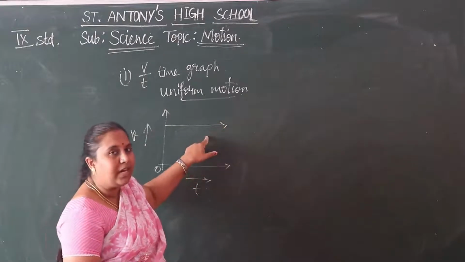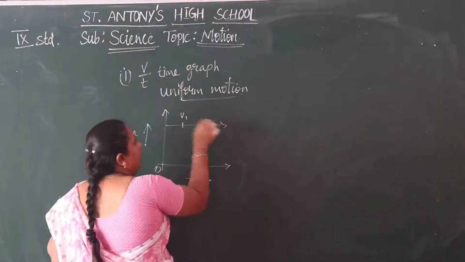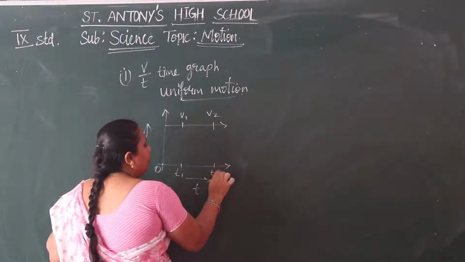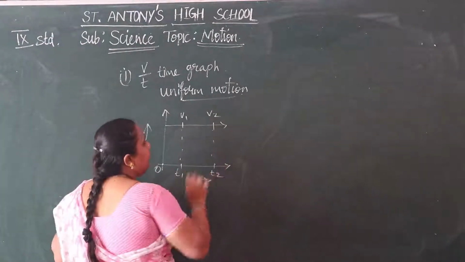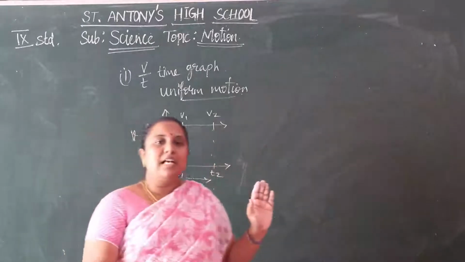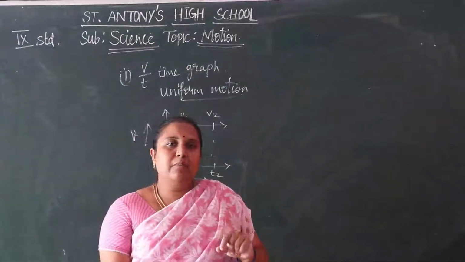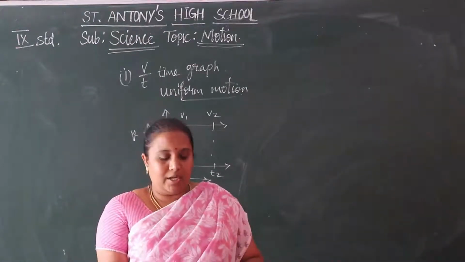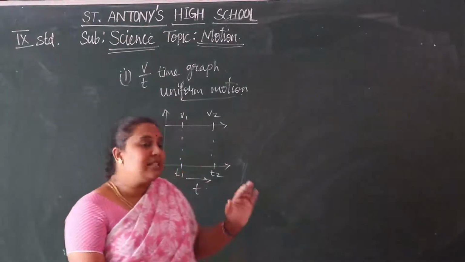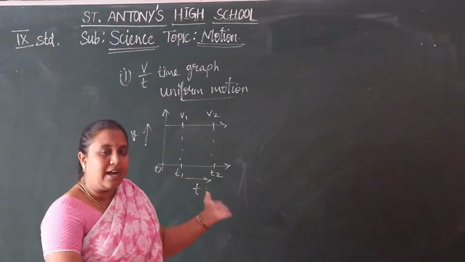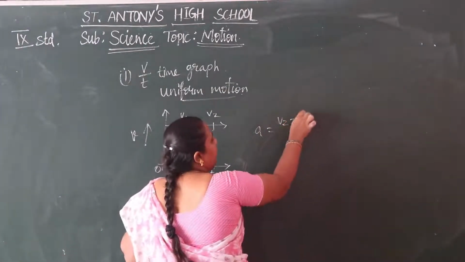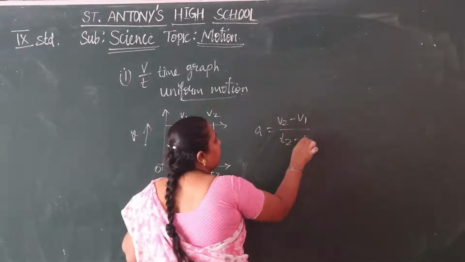Here we can take v1 and v2, t1 and t2. So velocity and displacement are the same in the velocity-time graph for uniform motion. Like that, acceleration equals v2 minus v1 by t2 minus t1.